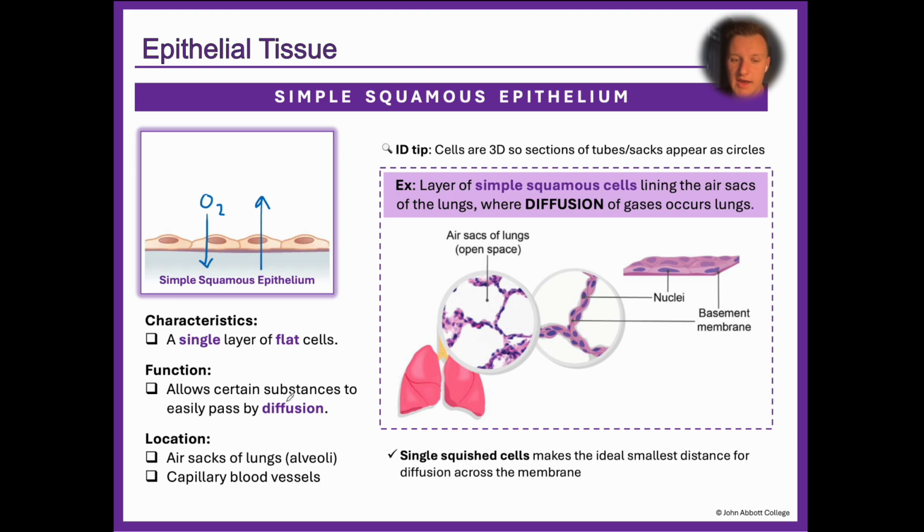Why would you have these layers in these specific places? Because these are regions where you'd want to exchange things across the membrane, right? We're not protecting in these areas. We're going to actually be wanting to exchange. So I want to give you an example of this. This is an example of a layer of simple squamous cells lining the air sacs of the lungs where diffusion of gases occurs.